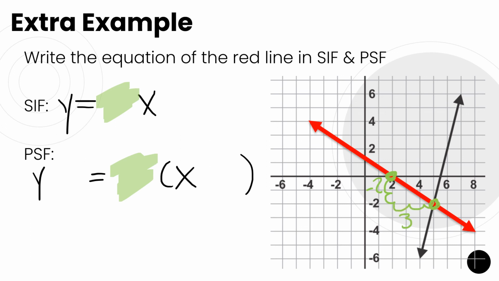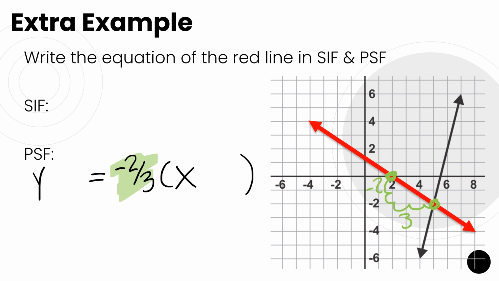So my slope is -2/3. Next, I need to find my y-intercept. Uh-oh. You guys, do I know where that's crossing the y-axis? I don't. I mean, I could guess, but that's not good enough. So I cannot write slope-intercept form.